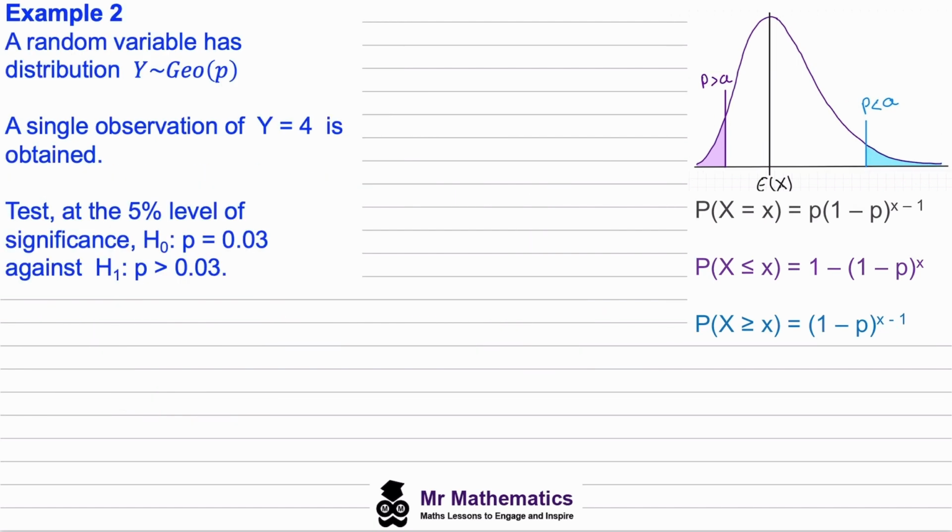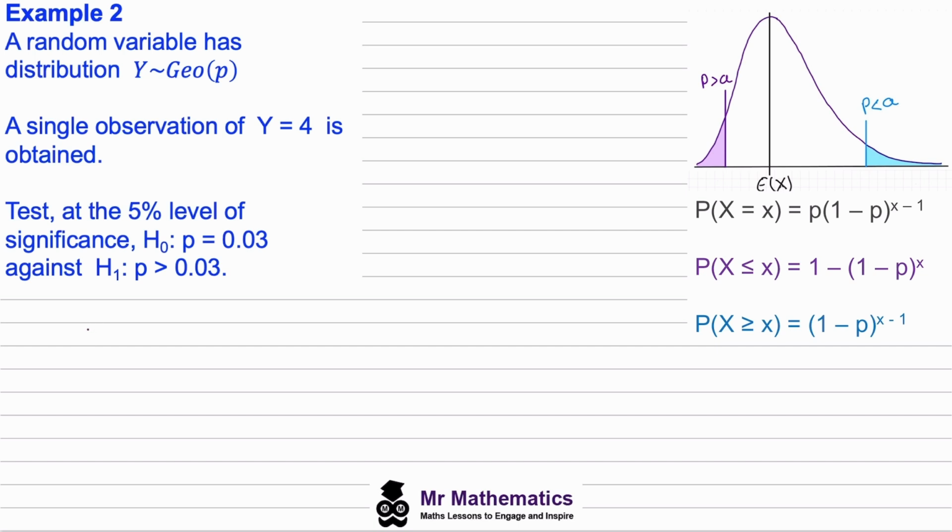Okay, so for example 2, we're told that Y is distributed geometrically with a probability of success p, and that a single observation of Y is obtained at Y equals 4, and we've been asked to test at a 5% level of significance. Now our null hypothesis is that p equals 0.03, and our alternate hypothesis is that p is greater than 0.03.